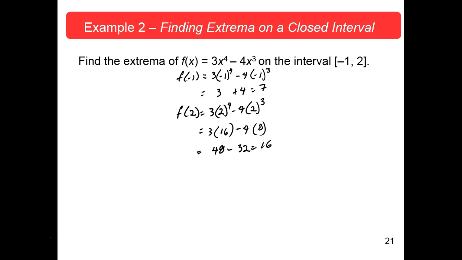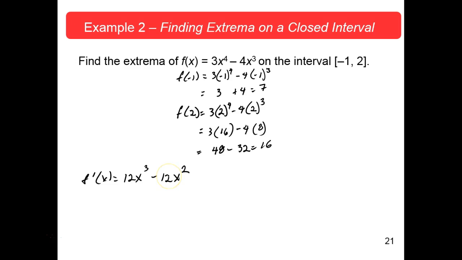Okay? So we either have to get something less than 7 or something greater than 16 in between. So how do we find the in-between values? Take a derivative. Excellent answer. Okay, so f prime of x is equal to, what would that be? 12x to the cubed minus 12x squared.